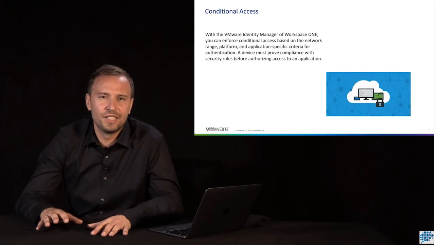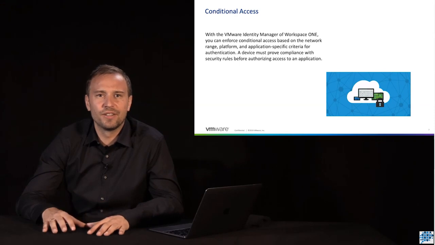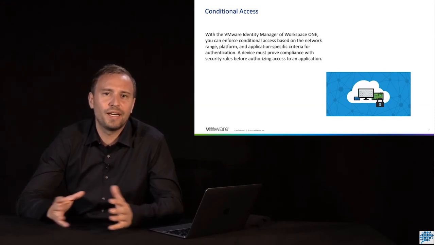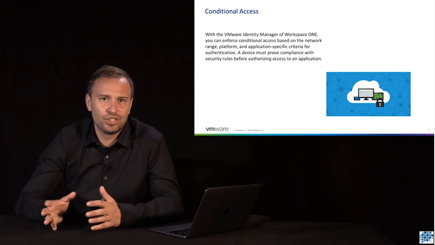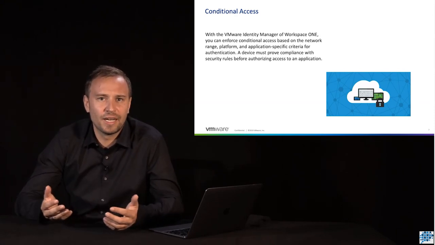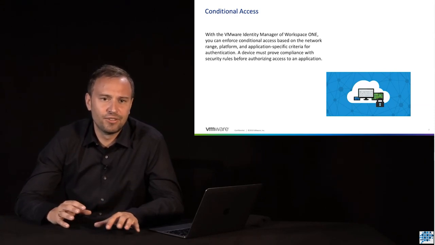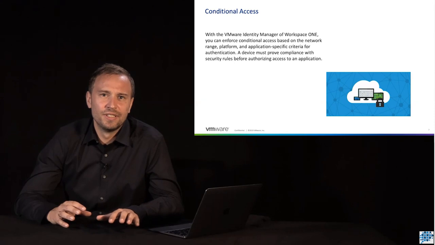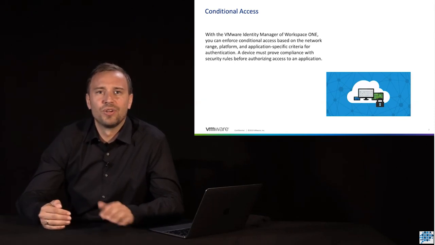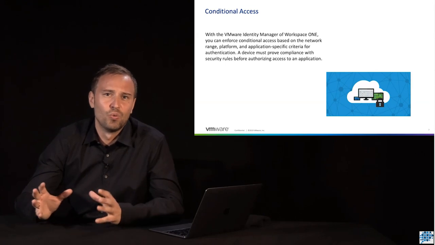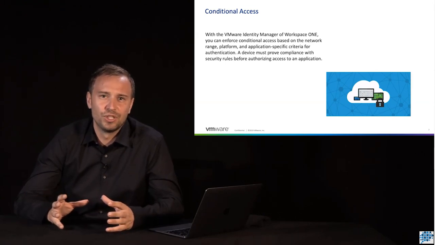Once we have the Identity Manager in place, we can integrate it with other solutions that check for the compliance of a certain device, check the compliance with some AirWatch characteristics, mobile device characteristics. And once the device has been declared as compliant, we allow access to certain applications, to certain desktops. That's how we can utilize the whole Workspace ONE suite within our solution.